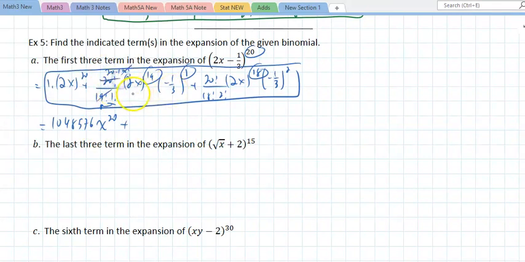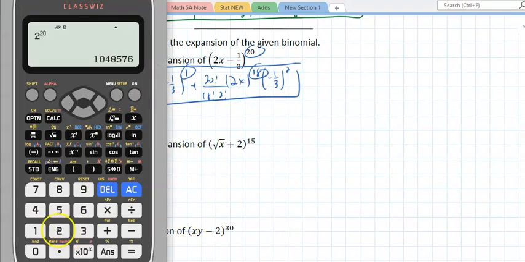Isn't that 20 times 2 to the 19, so it's minus 20 times 2 to the 19th times negative 1/3, so over 3. What's 20 times 2 to the 19th? 20 times 2 raised to the 19th.